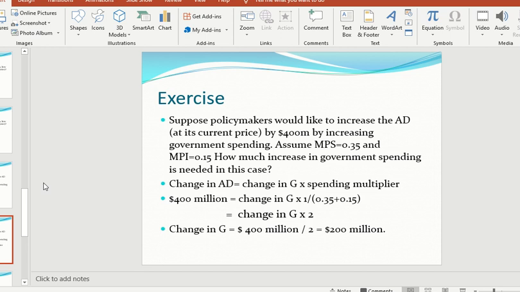Okay? So we are stepping closer to policy making. So now you can see that by setting a target, the policymakers need to calculate the size of the policy tools that they will have to use.